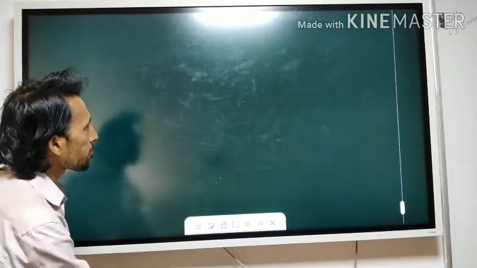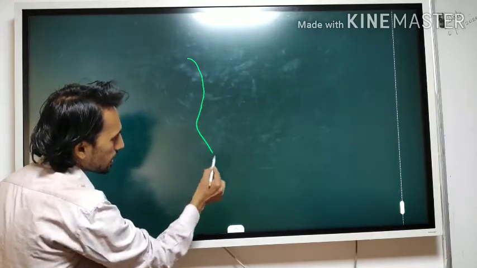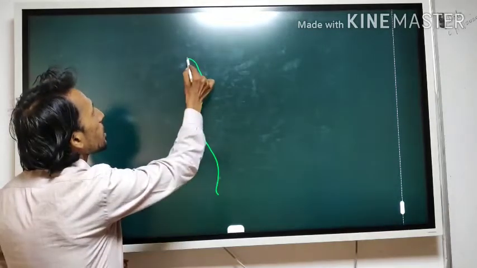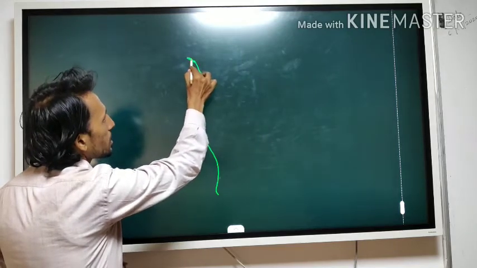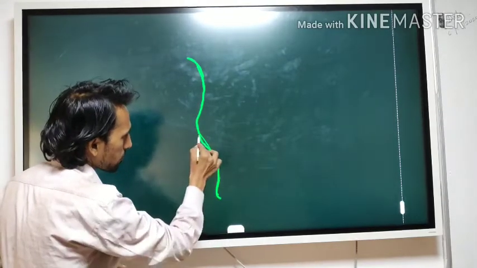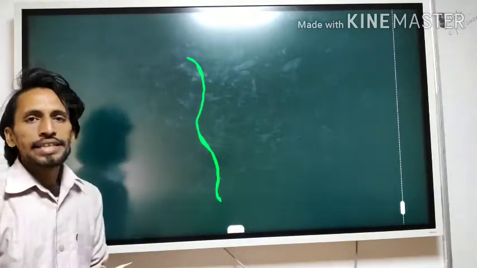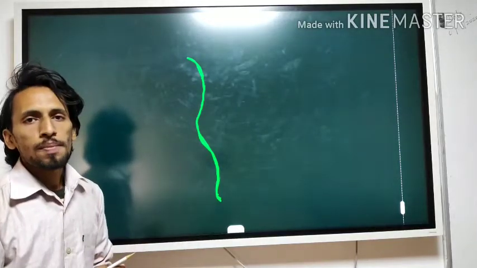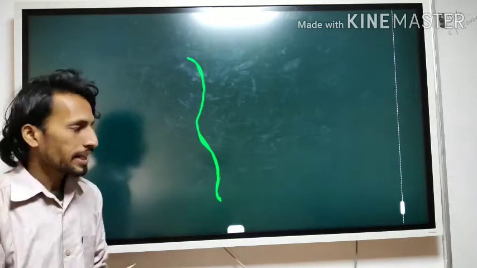Let us say there is some river which is flowing, and this river gets its water from its source, also from its catchment area.